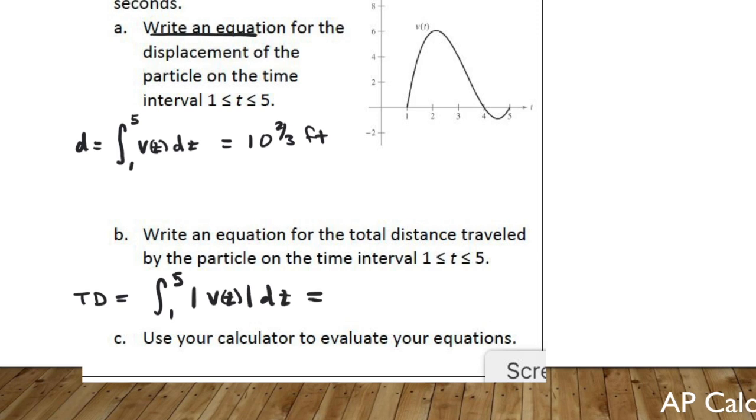When you use your calculator to solve, you just need to type in the absolute value. You do not have to divide the function up into parts anymore. So use your calculators to solve and evaluate these equations. As you can see, your displacement should be smaller than your total distance in this problem.